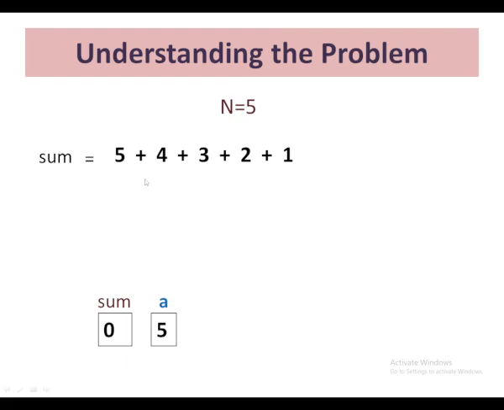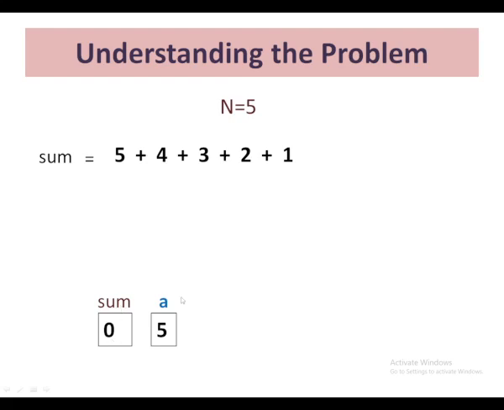Now look at the relation between the previous value and the next value. In that case we had incrementing by 1. Here you have decrementing by 1. So here you have 5, next 4, next 3, like that. So the relation between the next value and the previous value is decrementing by 1. So that is the change we need to do here.